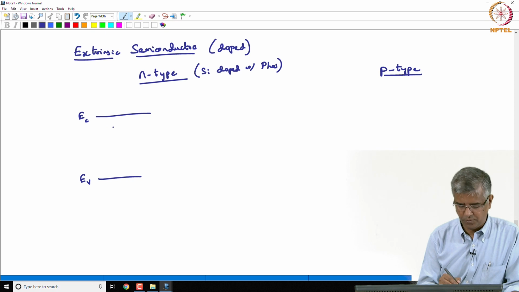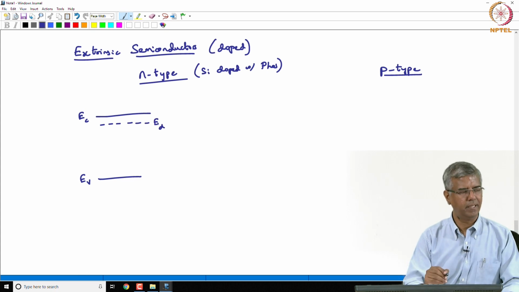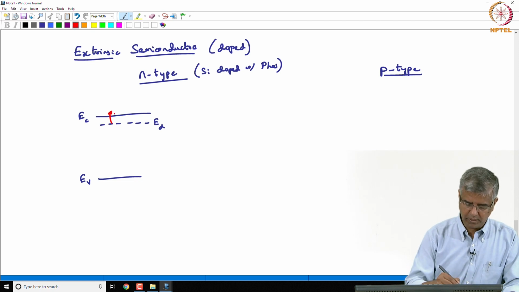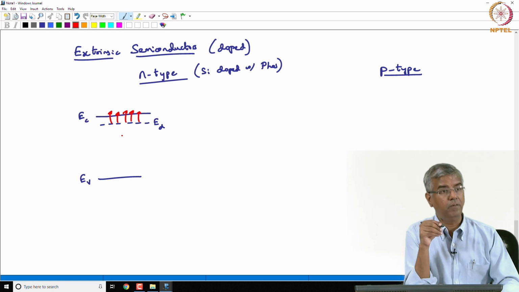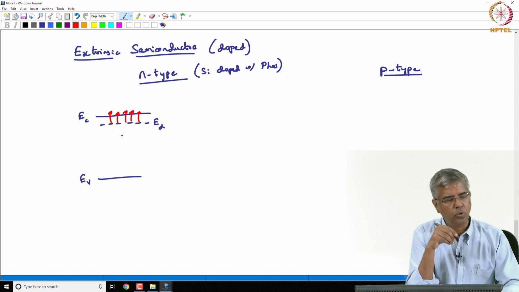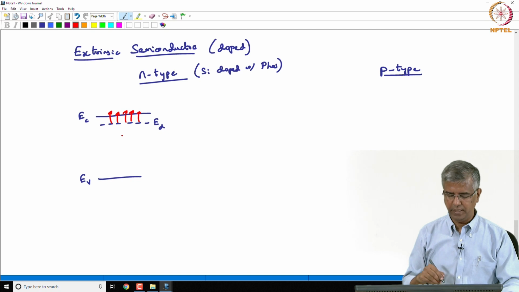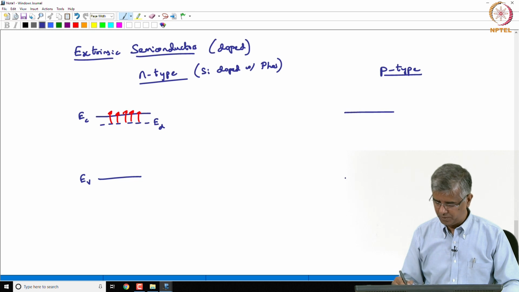When you dope it with phosphorus, phosphorus actually occupies an energy level, let us call that ED, somewhere over here, such that even at room temperature, since it is pentavalent, it has got one extra electron to give, right. So, even at room temperature you have electrons that are going into the conduction band, right.